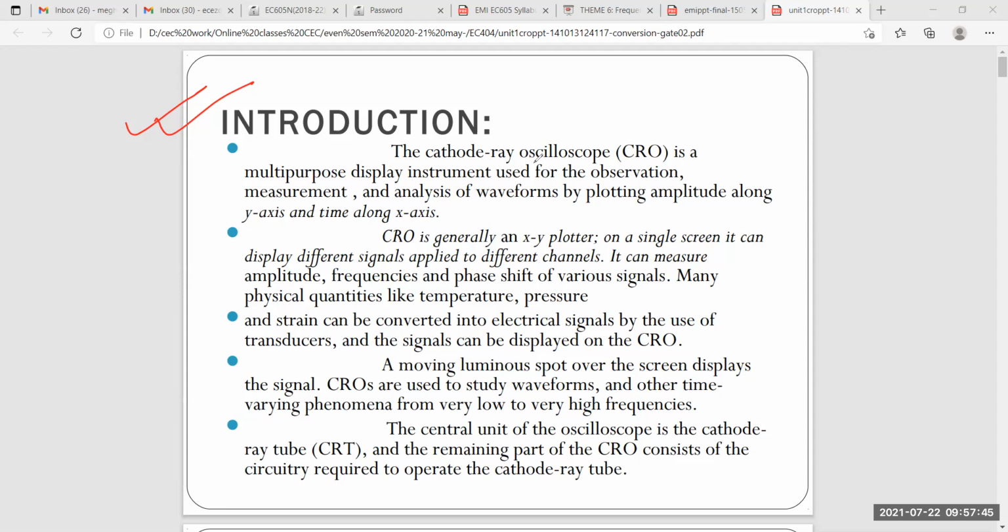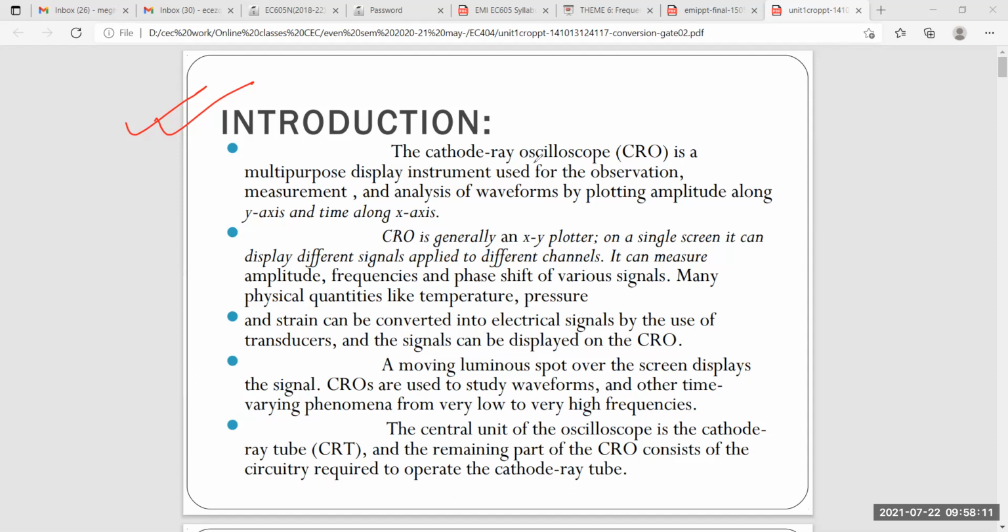Every instrument had a CRO connected, because there was no other way to visualize the waveform. We never drew waveforms by free hand. Always we traced. Tracing paper is very easy and it looks good also.